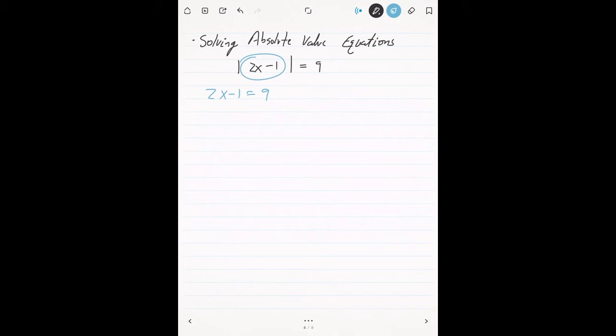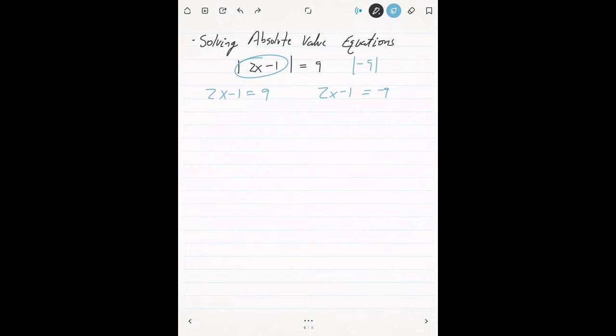Maybe whatever we plug in for x gives us 9, and then we take the absolute value of 9 and we say, well, that's just 9. But then there's another possibility. What if 2x minus 1 produced negative 9? What if this interior was negative 9? Because if we take the absolute value of that, we still get 9 back, so it works.